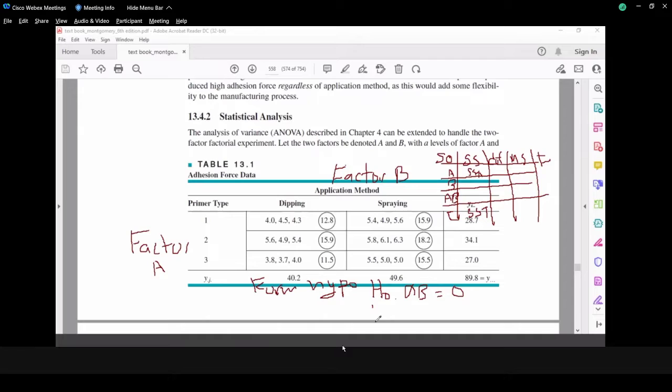The alternative: alpha beta not equal to 0. That means interaction exists between primer type and application method affecting the adhesion force of the whatever process. So this is your hypothesis.